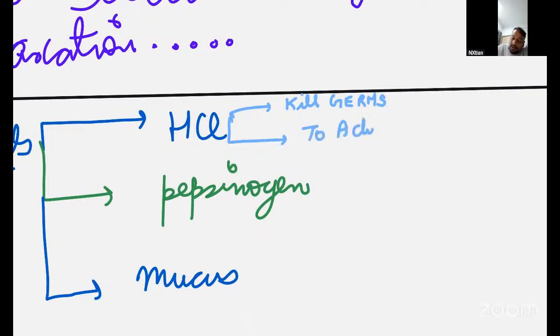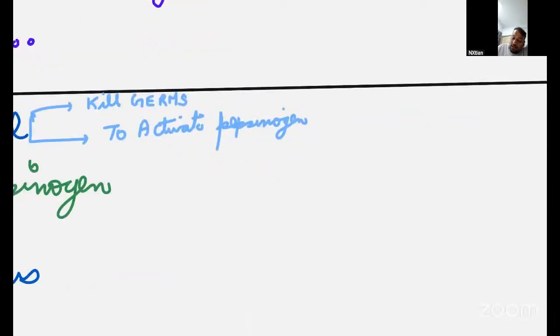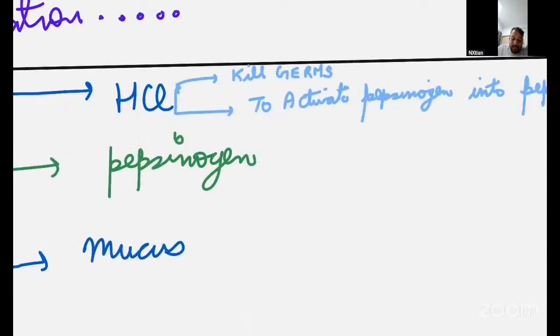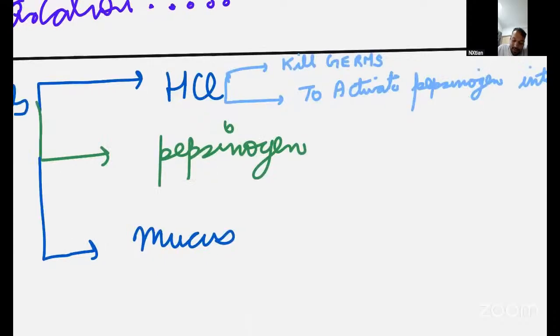Okay. The second role is to activate pepsinogen into pepsin. So basically, the pepsinogen which is released is right now in inactive form. Which form? Inactive form. So what will HCl do?